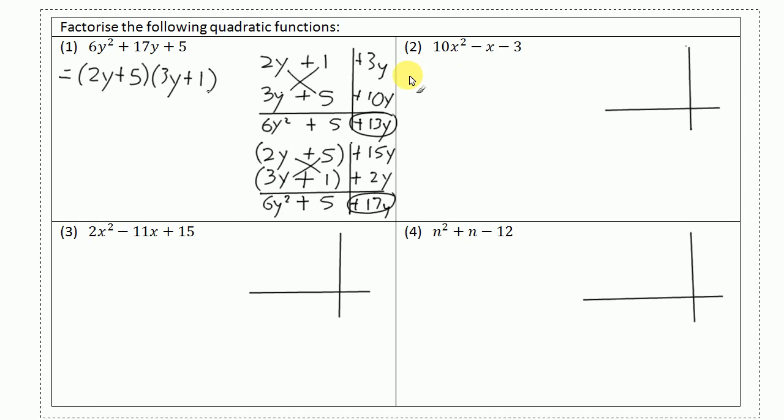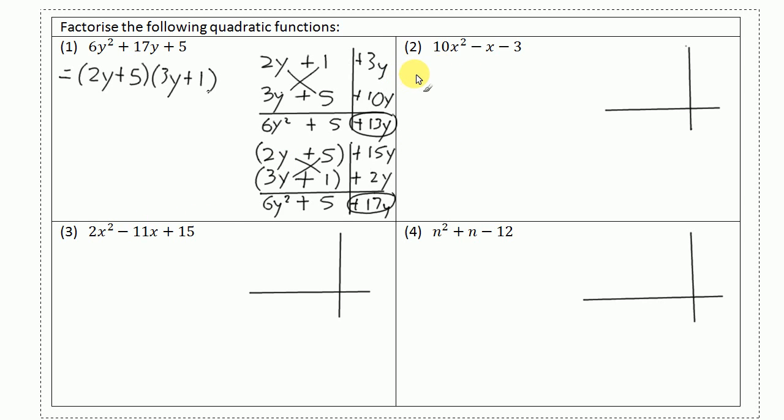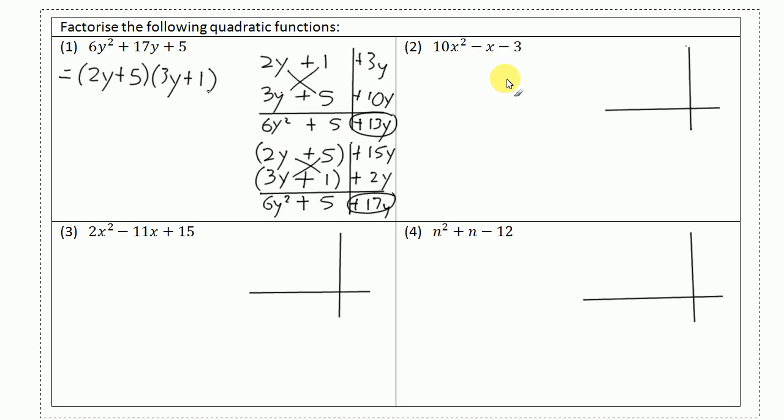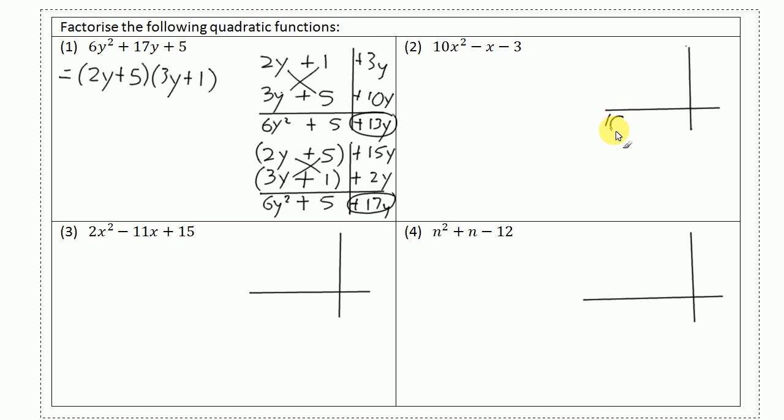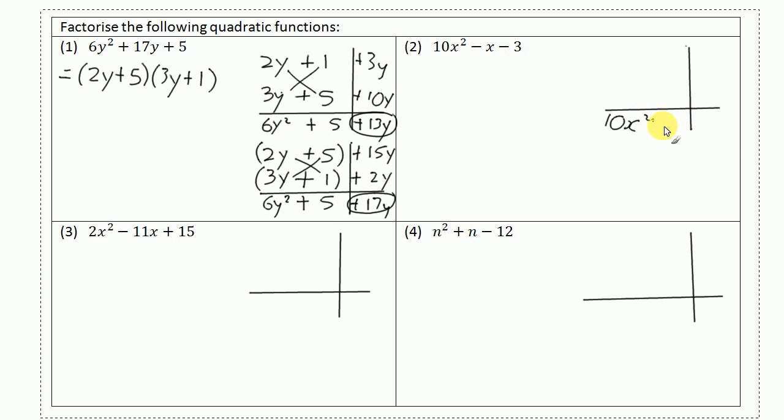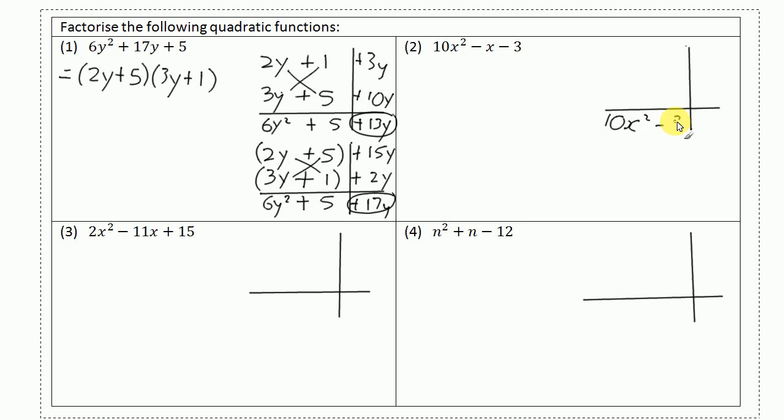Let's look at number 2. We do it in the same way. Take the first term and the constant term and write them here. 10x squared and negative 3.